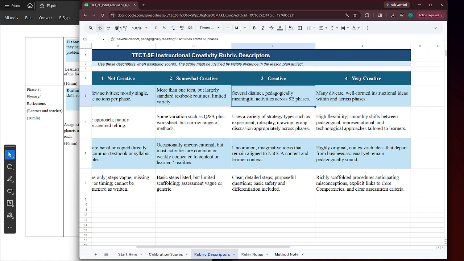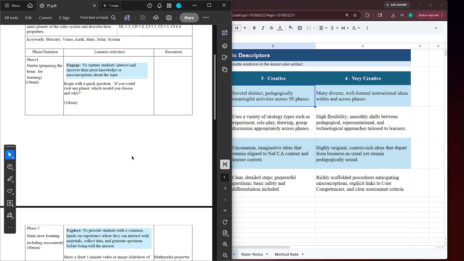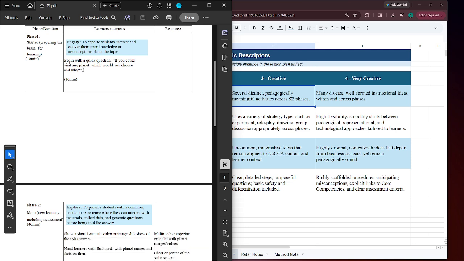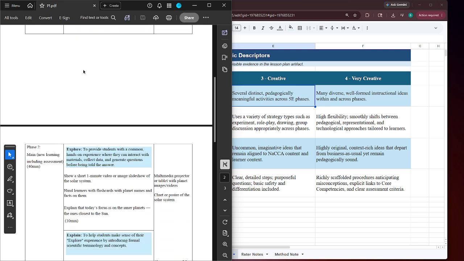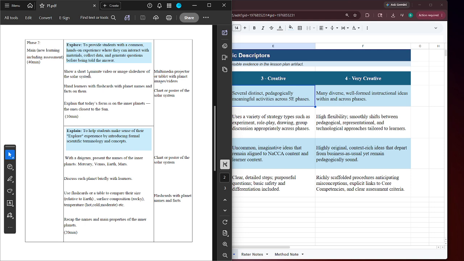But we realize that if we check here, the instructional ideas seem to be one for each phase. The meaningful ideas were at least one for each phase. For example, in this phase, the teacher used just questioning. At this phase, the teacher used short video, flashcards, and then did some explanation.